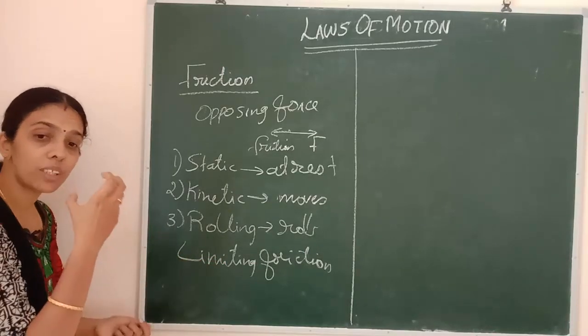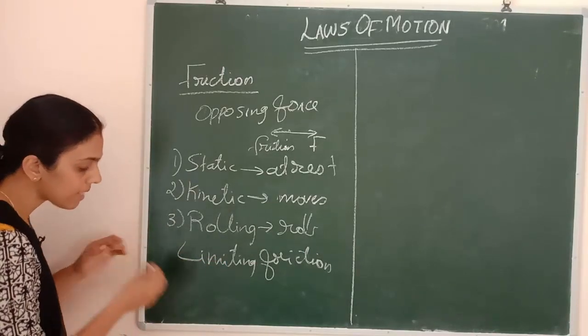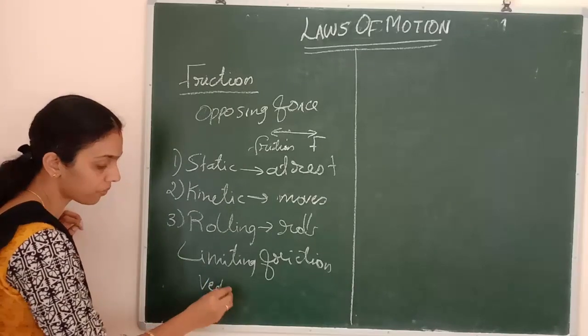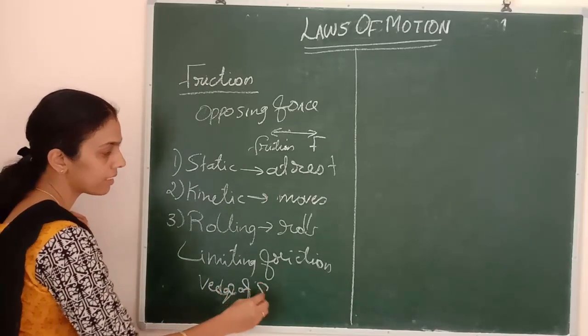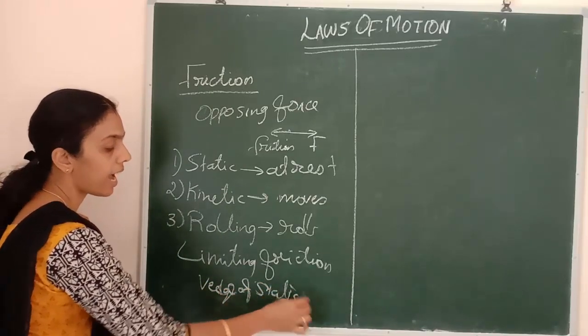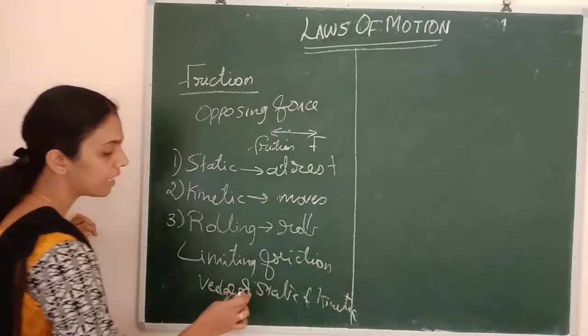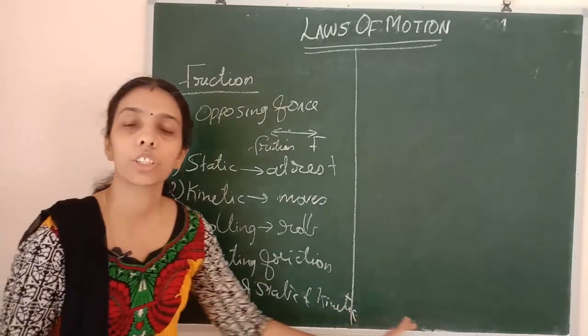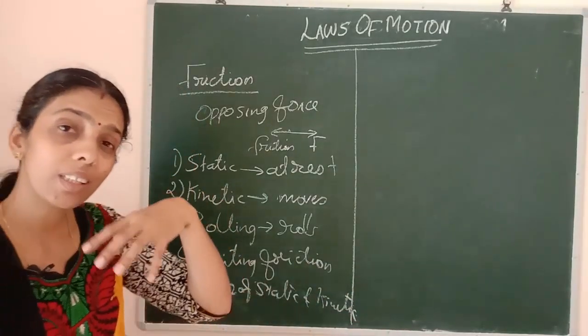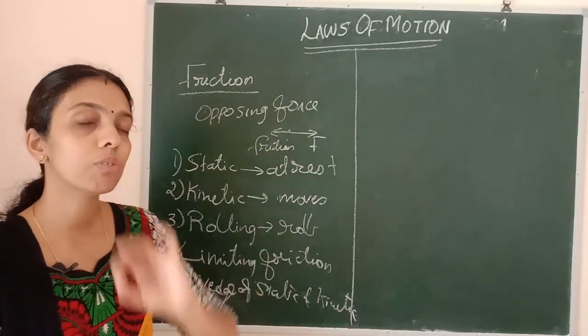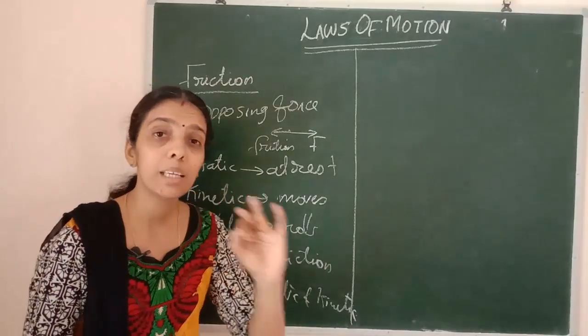The force at the edge of static friction and kinetic friction. When it is about to move, at that time it is at the edge of static friction and kinetic friction. That means when it is about to move, the frictional force acting is called limiting friction.